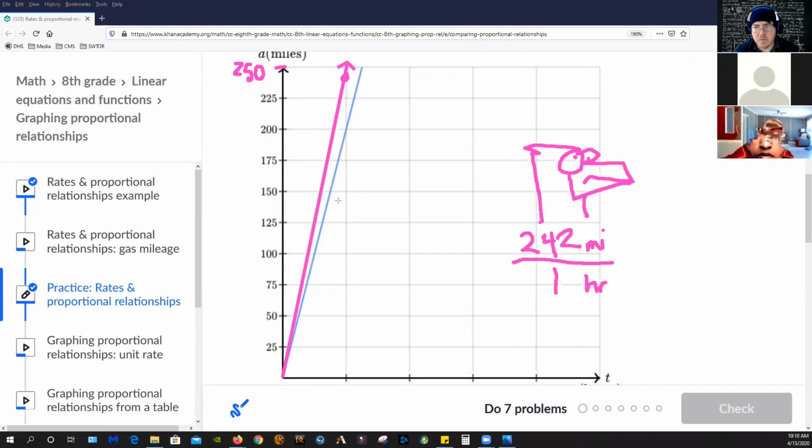All right, chat. So is the blue line greater than, less than, or the same as a peregrine falcon speed graph? I got one answer. Anybody else awake? Is this blue line less than, greater than, or the same as the peregrine falcon graph?